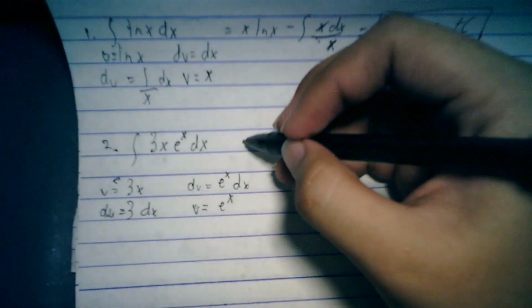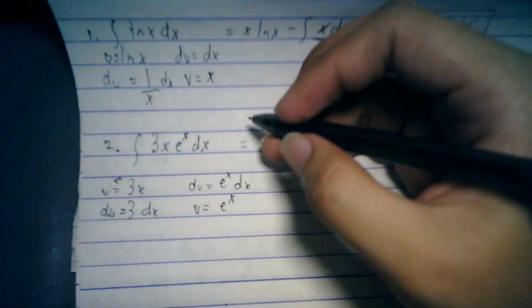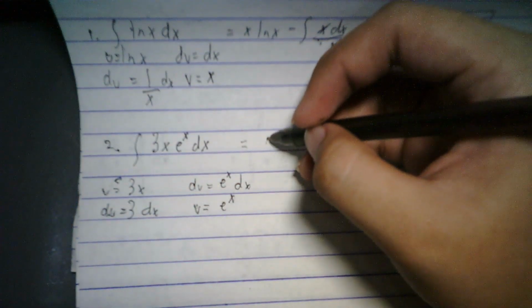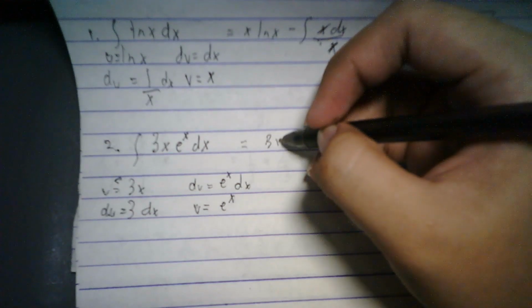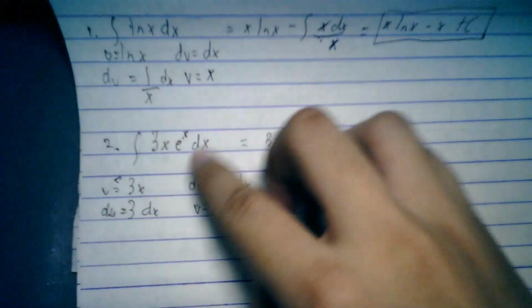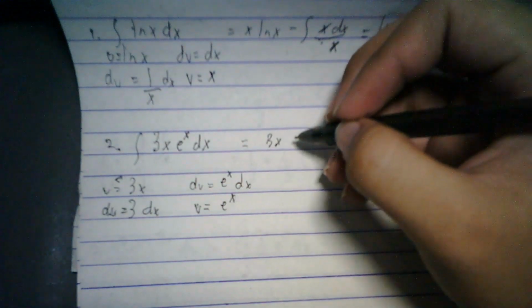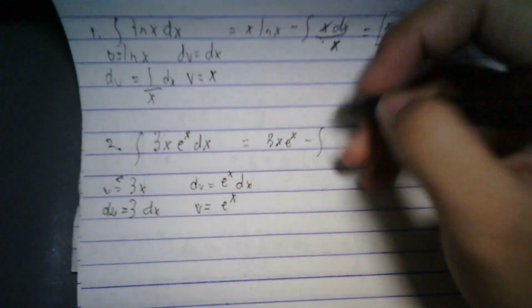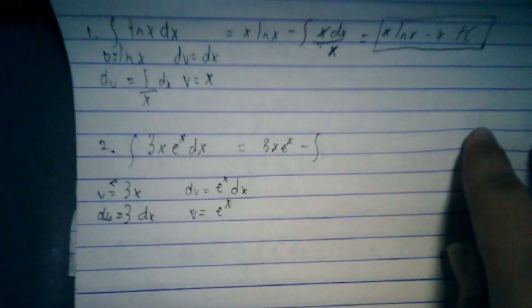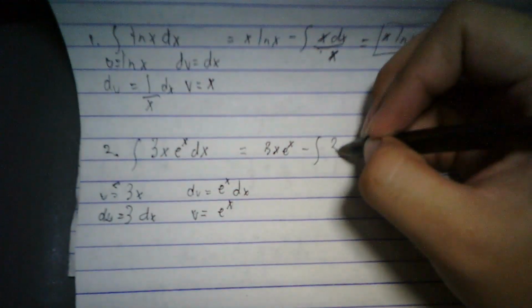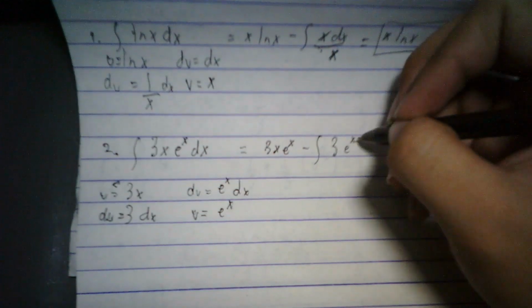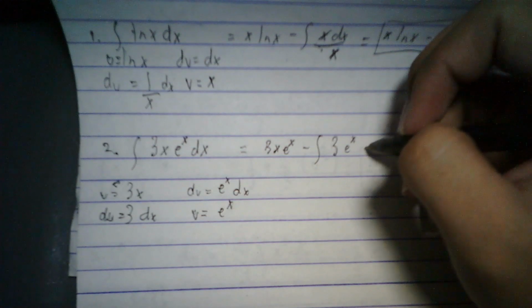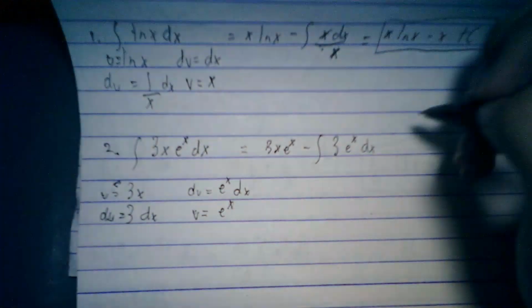Now we apply the formula. uv here is 3x e^x, minus the integral of v du, which is 3 e raised to x dx.